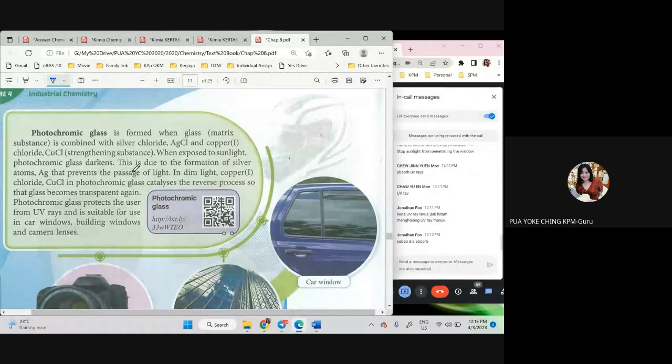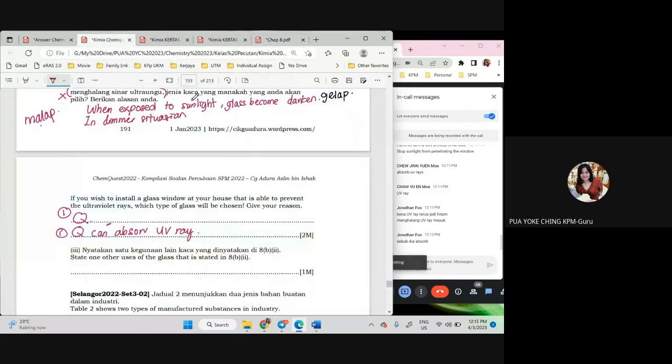Prevent the passage of light in dim light. Okay. So in dimmer situation, keadaan malap means there is already no sun UV lah. Okay. Kaca menjadi lucina again. Kaca menjadi lucina semula. So BI will become glass, become transparent again.